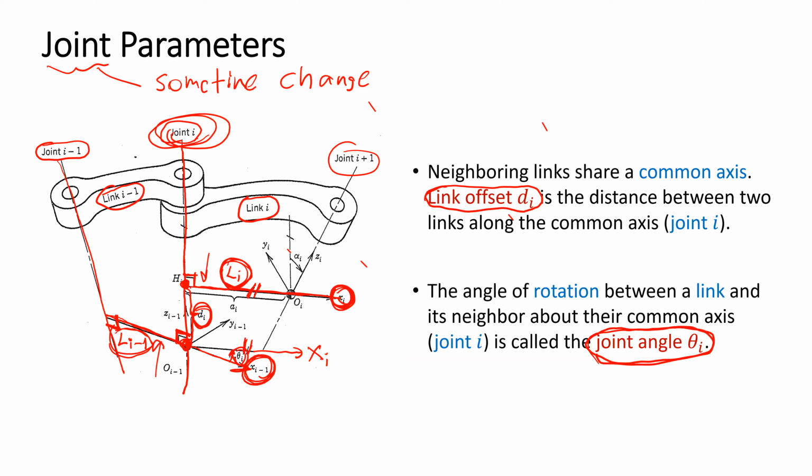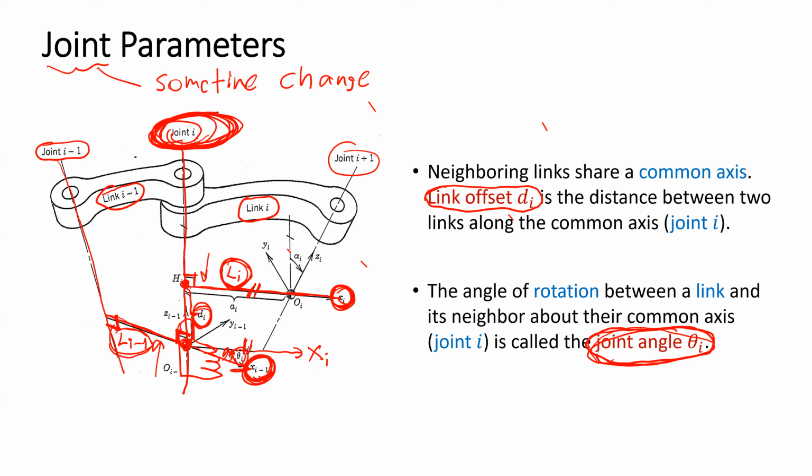By using the right hand rule, with the thumb going in the upward direction, you rotate from the direction of link I minus 1 to the direction of link I, and you can find the joint angle. You need to apply the right hand rule at the direction of joint I.